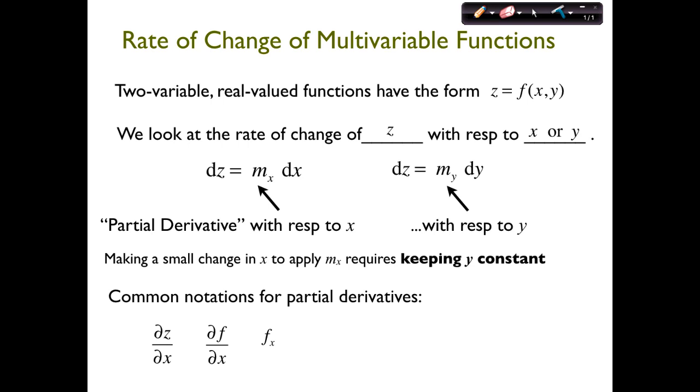That means the partial derivative with respect to x. Similarly for partial with respect to y: delta z, delta y, delta f, delta y, f subscript y all mean the same thing.